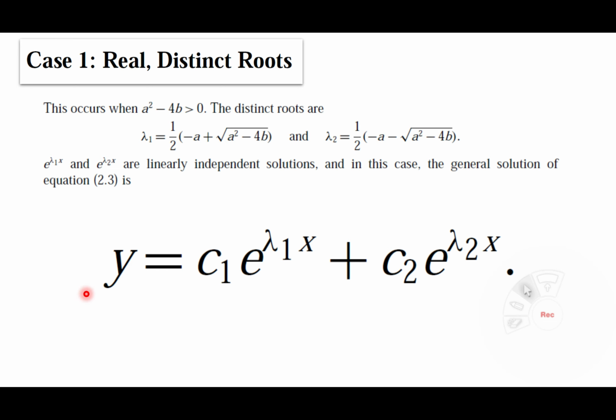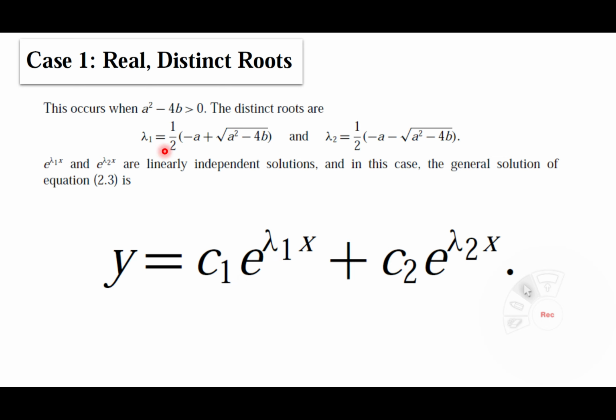Remember it well, because we are going to solve our equations based on this shape of the solution. This is the general solution: y equals a constant called C1 times e to lambda 1x. What is lambda 1?